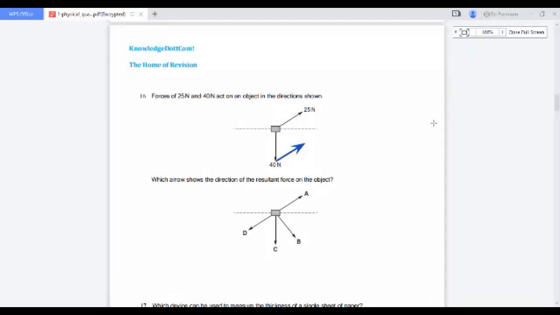So now the resultant vector, you can draw from here to here. Yes, this is your resultant vector. Now you can match, and I think the correct option is B. So B is the correct option for this one.